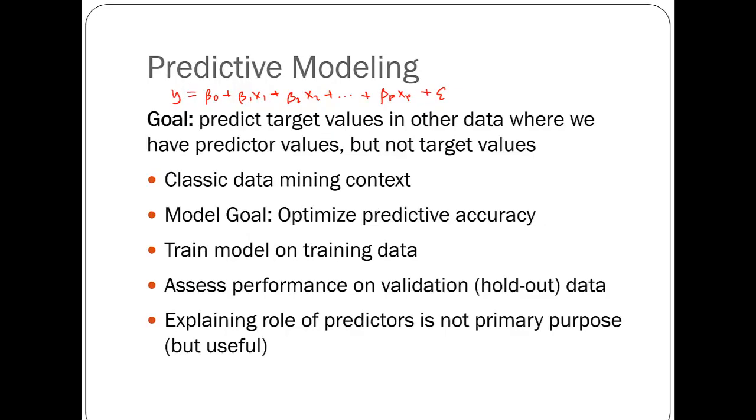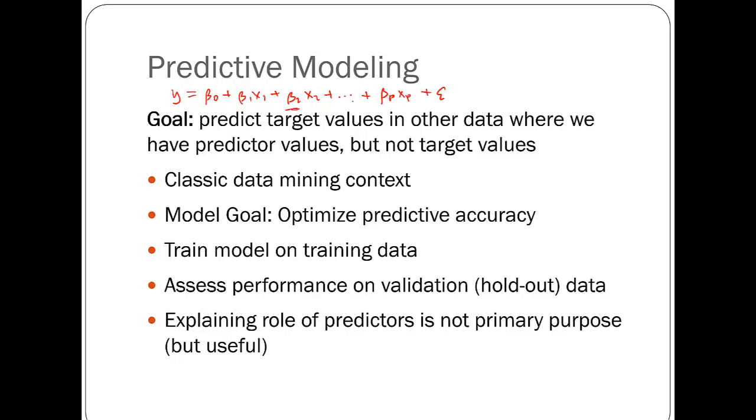In predictive modeling, we are looking at exactly the same relationship. Y is equal to this linear combination of x's plus an error term, but we don't really care as much about what the relationship is, or rather what the values of these parameters, beta 2 and so forth, are and how those affect the y value. What we're really interested in is making predictions.